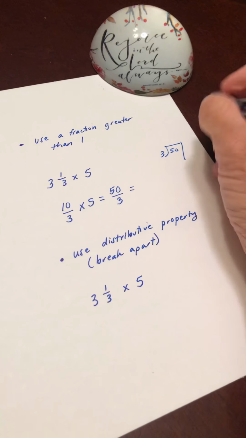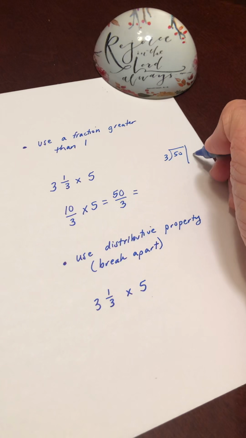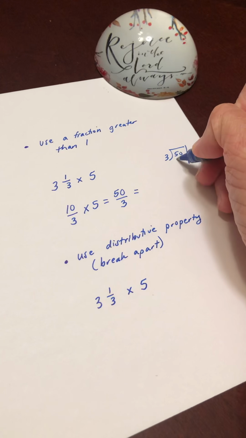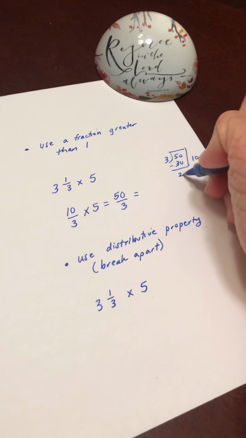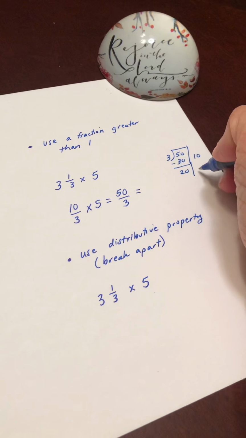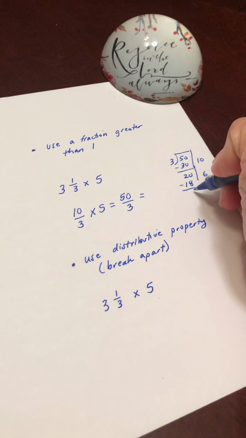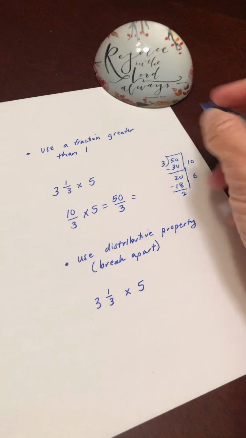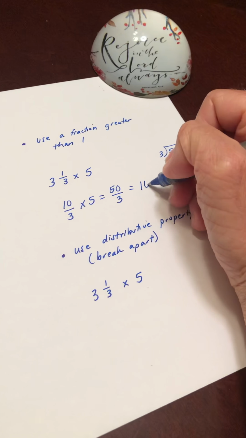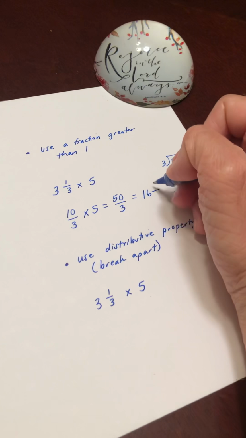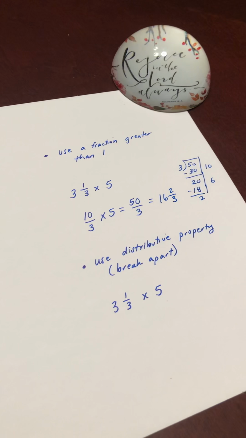Okay, so 3 goes into 50. If I do 3 times 10, would be 30. That leaves me with 20 left over. 3 times 6 is 18. That leaves me with 2 left over. So I'm getting 16 with a remainder of 2 out of 3.